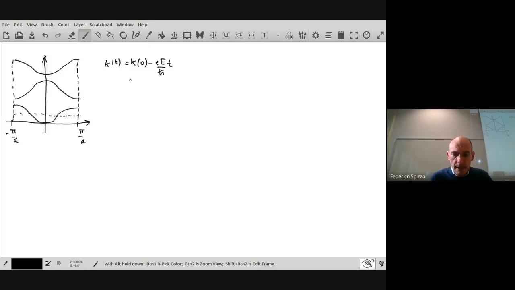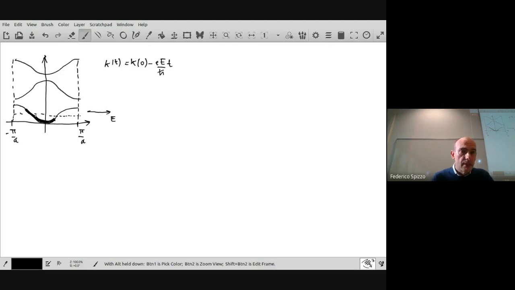And in case the external field is applied in this direction, then what we observe, and in this drawing the effect is exaggerated, you observe a translation of the wave vectors corresponding to the occupied levels of the electrons to the left.